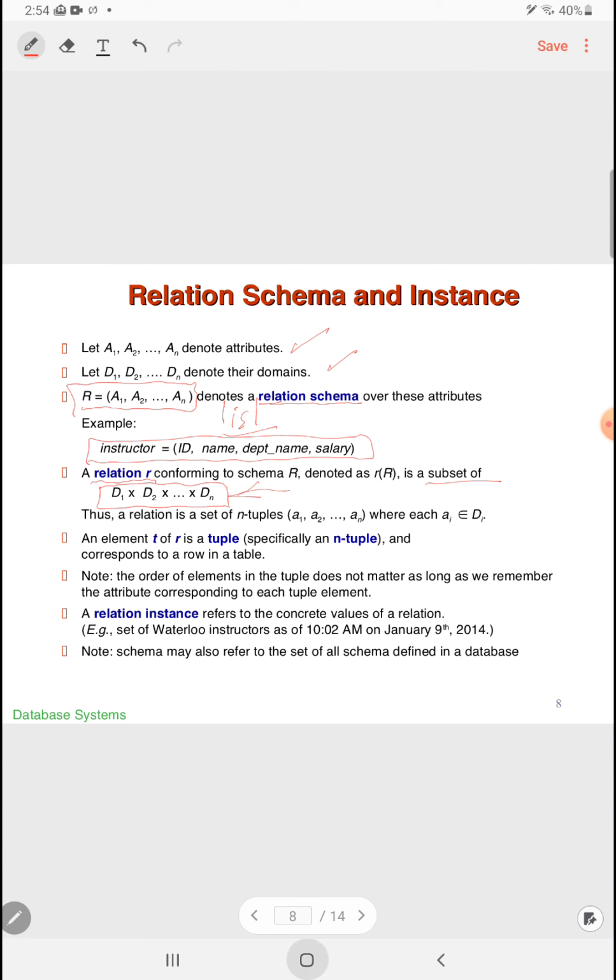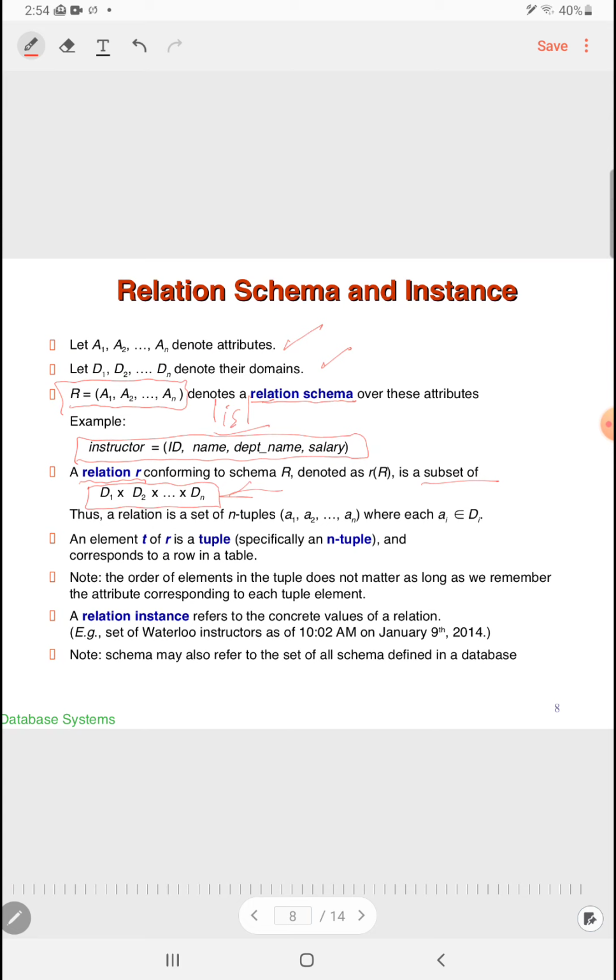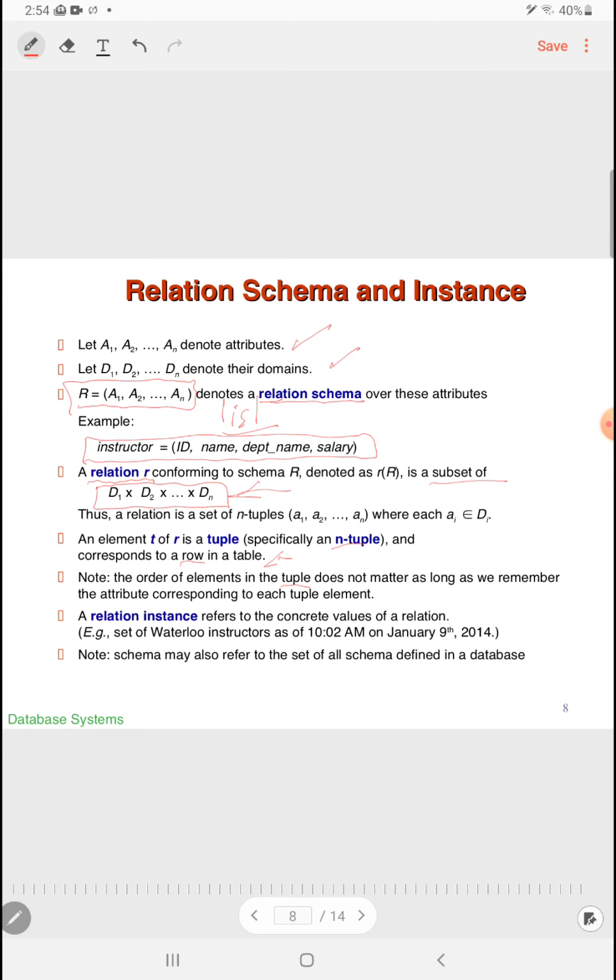So an element t of R, a tuple of the relation, is an n-tuple, because it's got n elements in it, and it corresponds to a row in the table. The order of the elements doesn't matter, sort of. It doesn't matter in a logical sense, although it will matter in terms of how operations are performed.